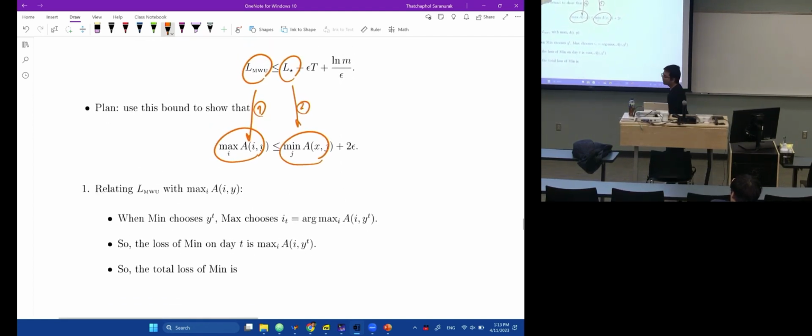Okay. So let's relate the loss of the weight update with the max of A_i y. So what do we know?